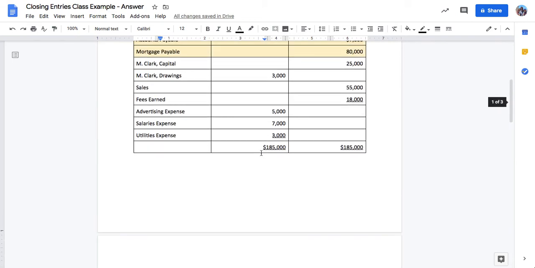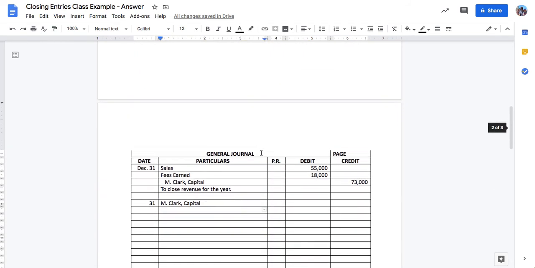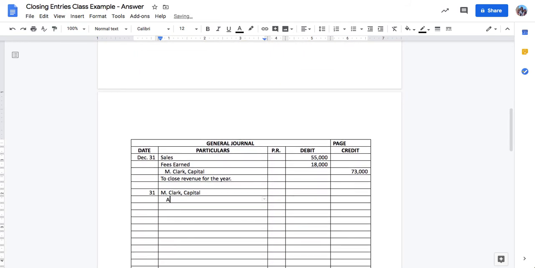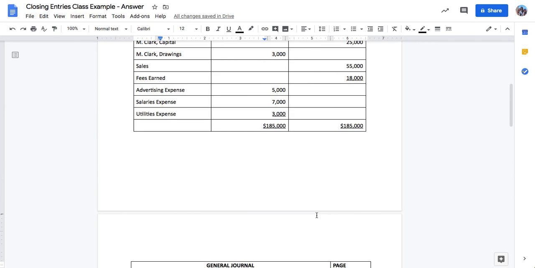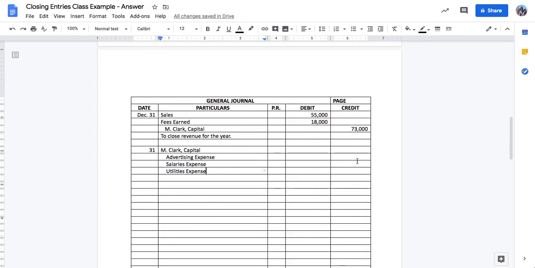So once again, advertising expense, salaries expense, and utilities expense. And let's look at the balances, 5, 7, and 3.